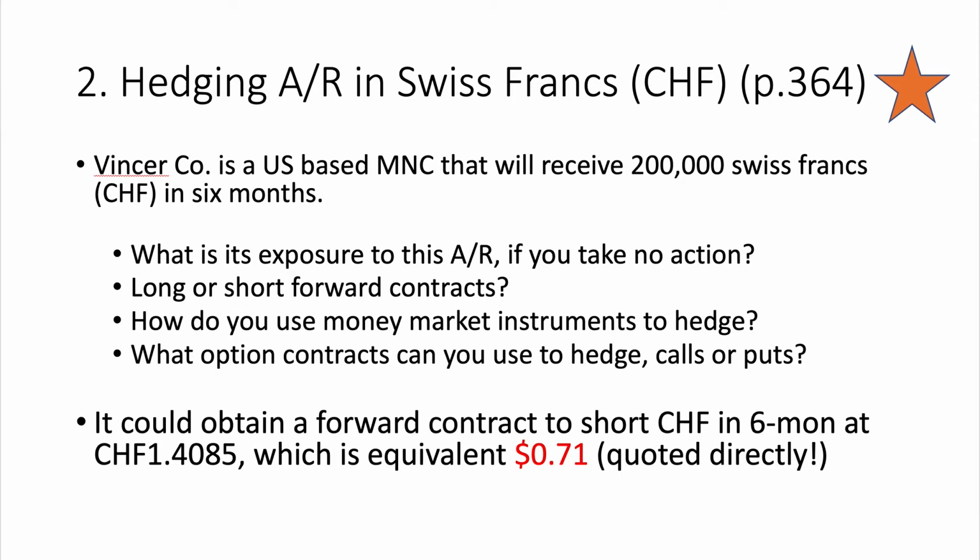Now, the following 4 questions are the common ones. Usually I always do it. The first one asks what the exposure is, what they are afraid of. Are they afraid the price is going up, Swiss franc going up? Are they afraid the price is going down? Now this implies certain things: what is your worry about? For example, today the weather is very nice.